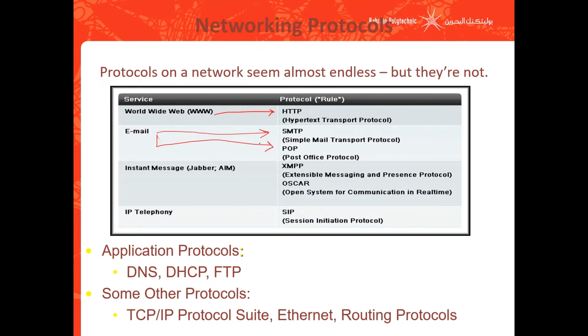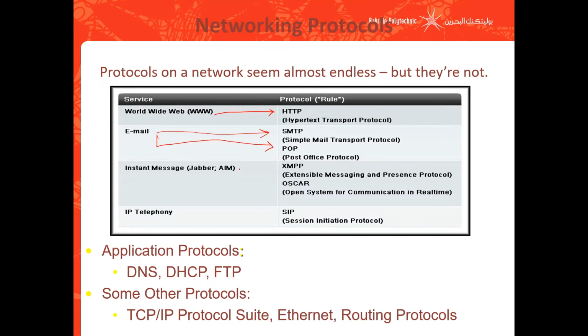POP, and I am sorry for the drawings, let's just try to work with them. SMTP is Simple Mail Transfer Protocol. POP is Post Office Protocol. You might want to remember the full forms, but you don't need to know them in detail yet. We will go over them later on.